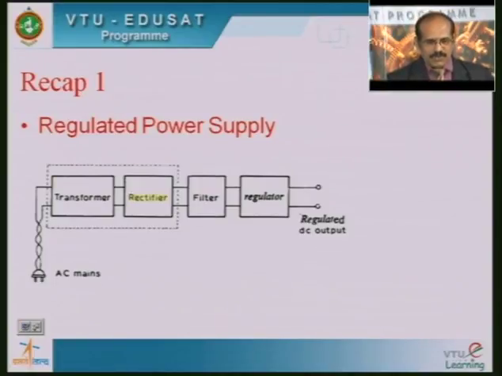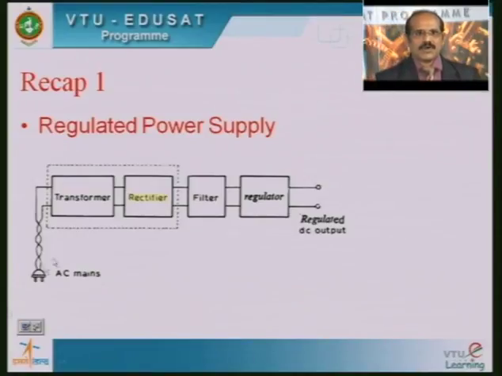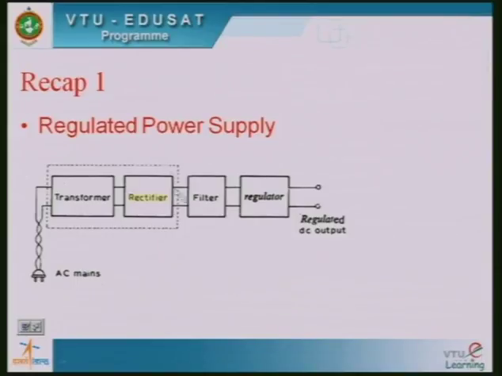The main function of the rectifier is to convert AC signal into a DC signal. The output of this rectifier will be a pulsating DC, but in fact we want a continuous DC. So, in order to remove the AC ripples from this pulsating DC output, we are using a filter here. It could be an inductive filter or a capacitive filter.